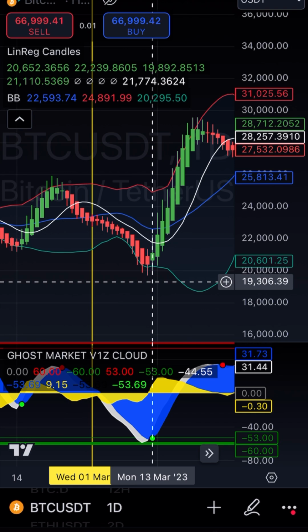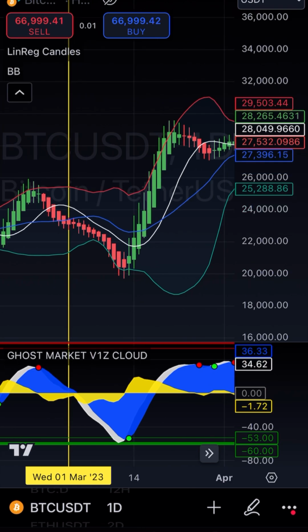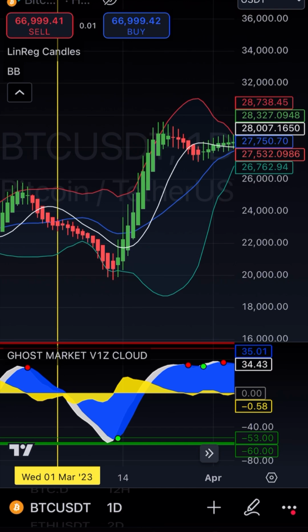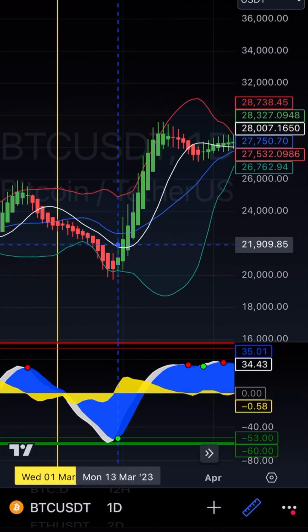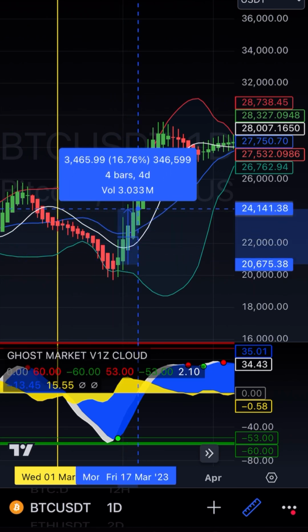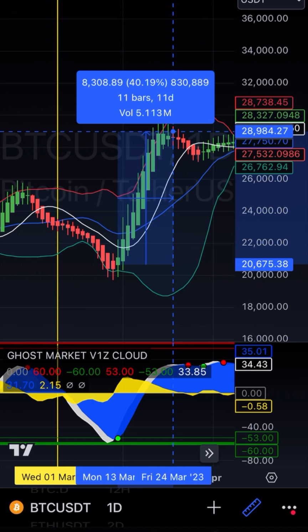Then you want to focus on all the moments where you see a green dot, which is right here. This would be where you enter. This would be a good point to either dollar cost average or go in for a long. If you located it on the monthly, and then you see your first green dot on the daily, you would enter your long right here, and you would ride it out.